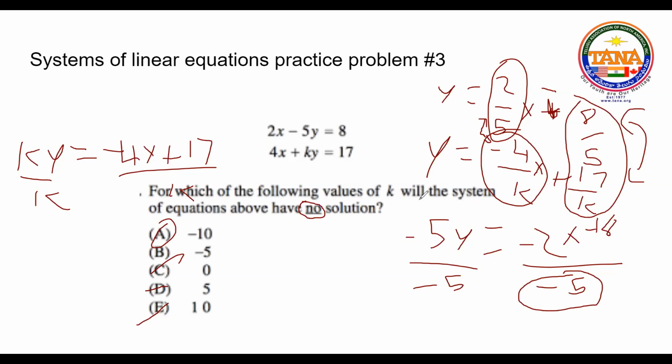For these problems, usually what I do is I try to make both the x's equal, and then from there I just plug in a different y, and the only y that would have worked here was negative 10. So wait, what you do is you isolate for x and then you plug in x?